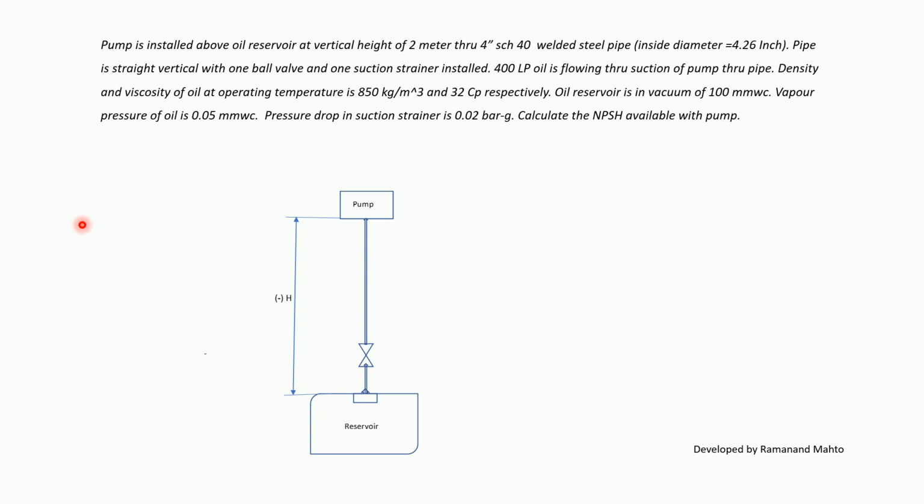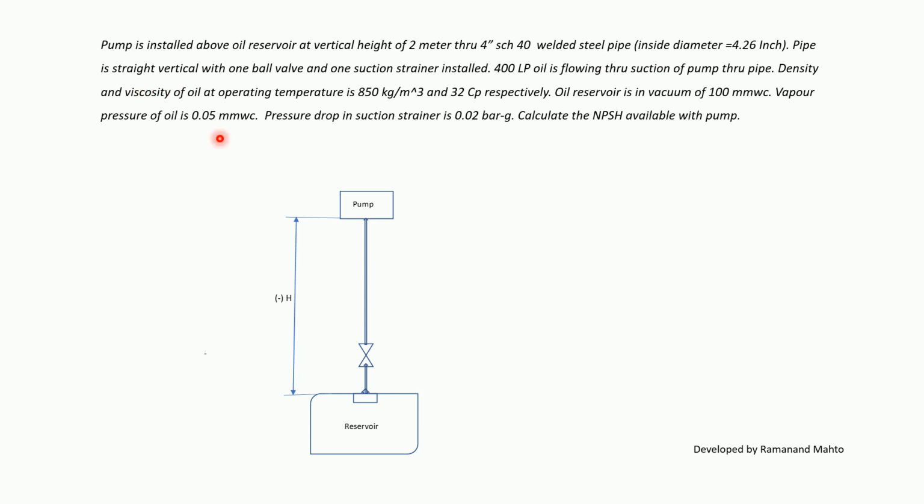Now let us understand how we can calculate the NPSH available using an example. Pump is installed above the oil reservoir at a vertical height of 2 meter through 4-inch schedule 40 welded steel pipe, that is inside diameter of pipe is 4.26 inch.